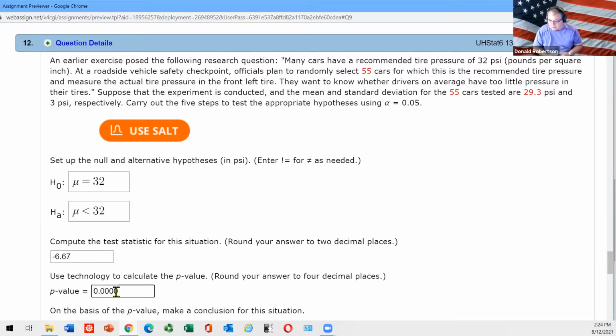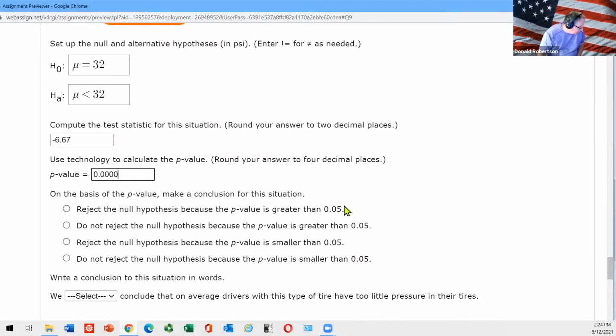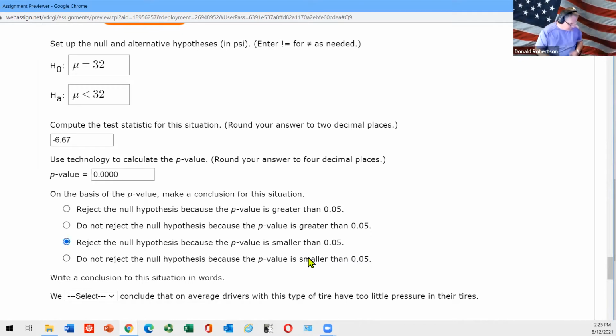I know that's 0, but we're rounding it off to 4 decimal places, and I'm indicating that by those 4 zeros I've got. Now, on the basis of this p-value, is 0 less than that? Yes, it is, isn't it? 0 is less than the significance level. So you reject the null hypothesis, yep, because the p-value is smaller than 0.05. So that's the right one to choose.